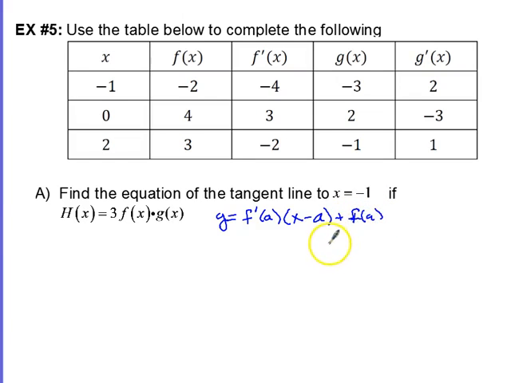So f of a is the y-intercept, f prime of a is the slope, and a is the x value that we're finding the slope of the line that is tangent at that point.